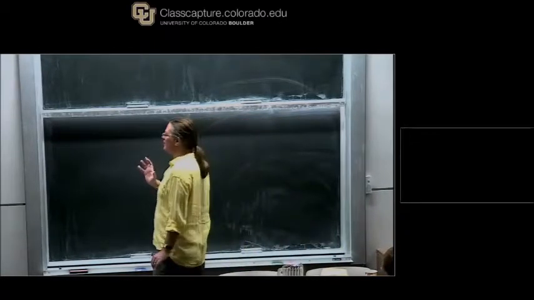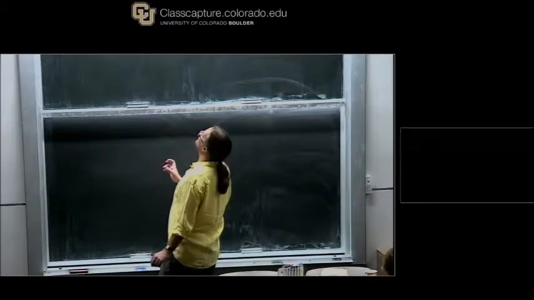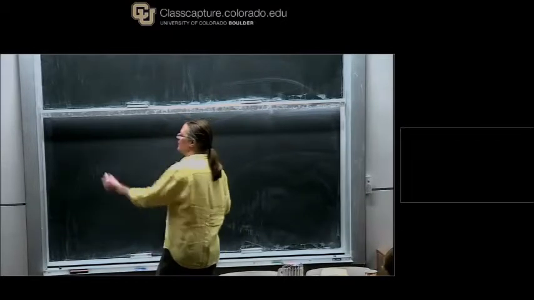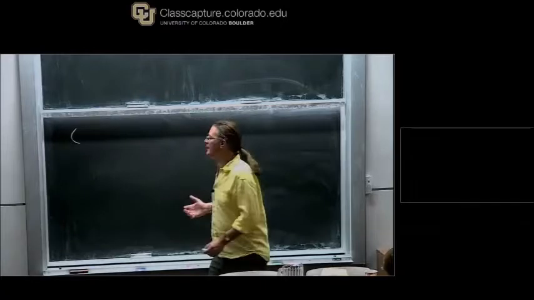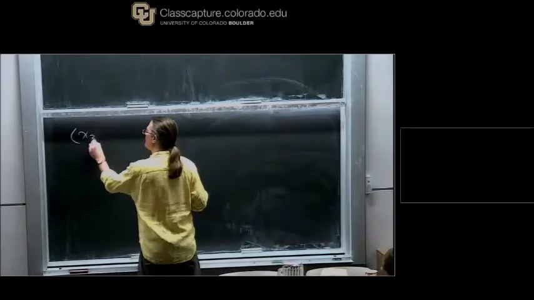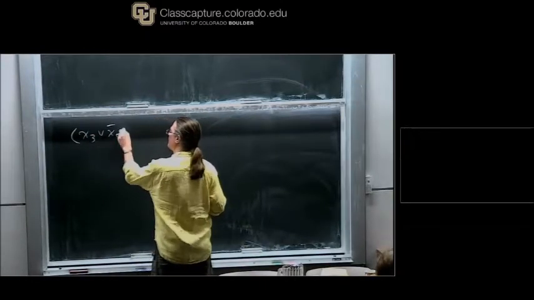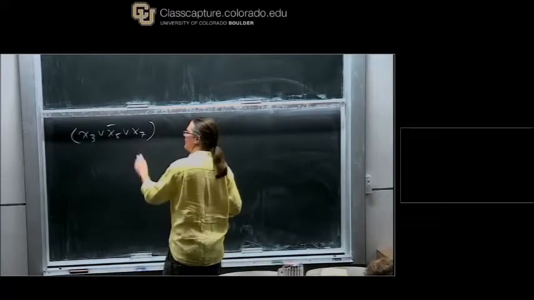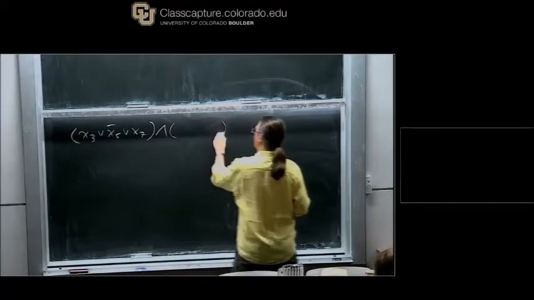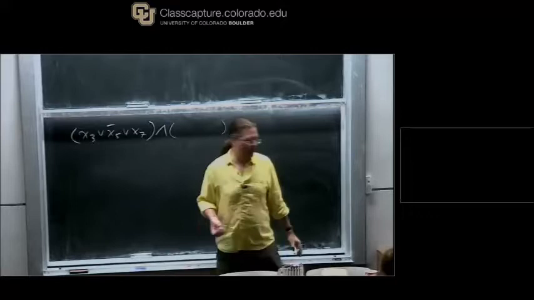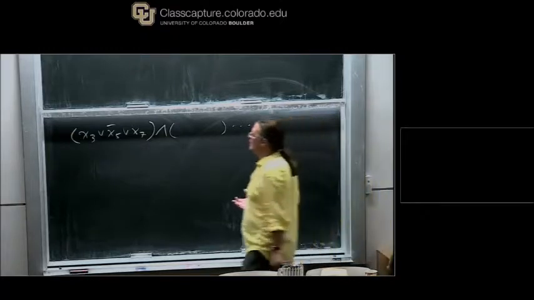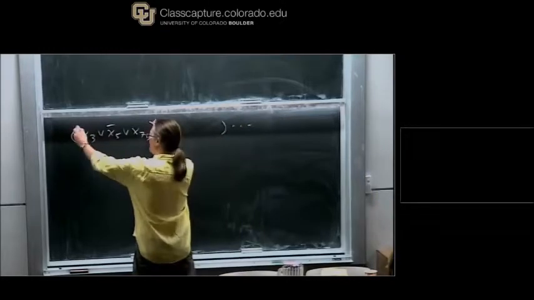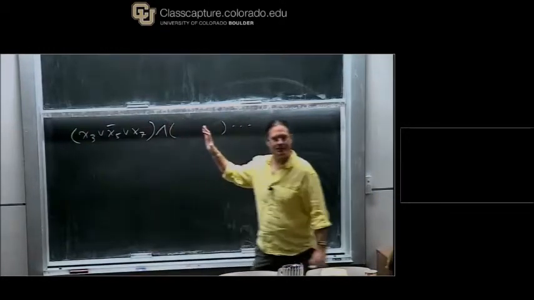Let me first remind you what happens when we set a variable. Suppose I have this clause, and I have a bunch of other clauses. Now, suppose that you decide to set the variable x3 true. Well, then this entire clause is happy and essentially disappears from the formula.